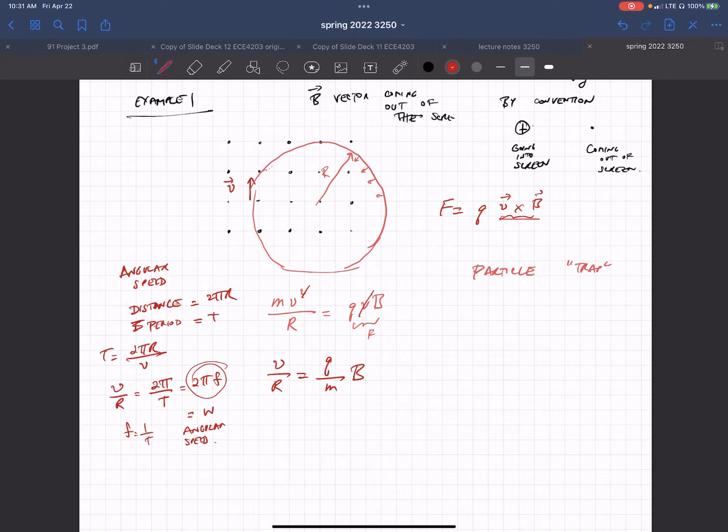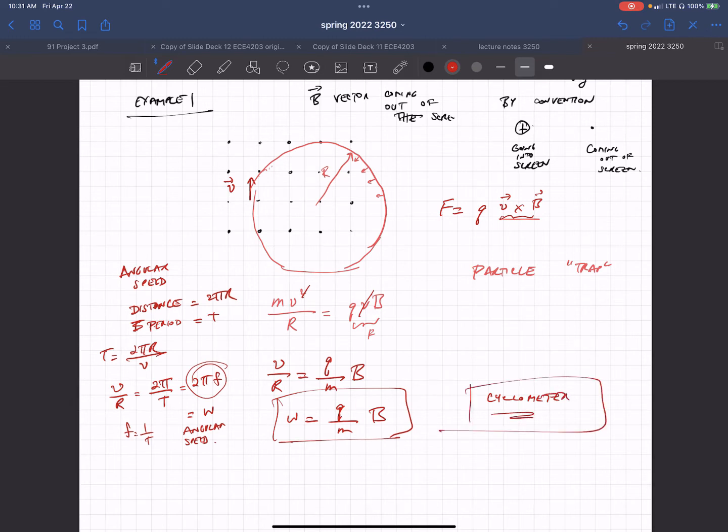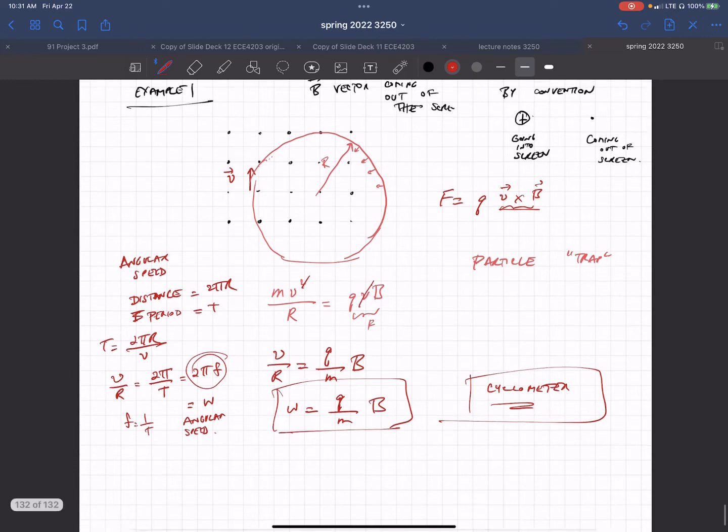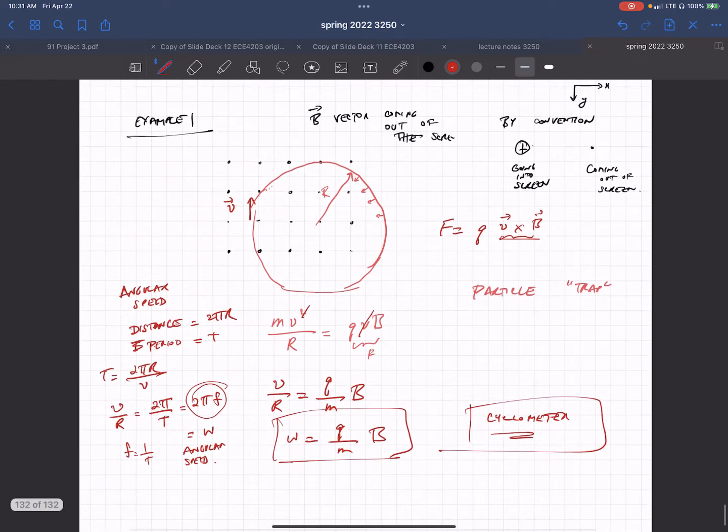So basically this angular velocity is equal to this ratio of charge per mass. This is kind of a cyclotron that they use to study charged particles, figuring out their mass and their velocity, etc. So this is an example of magnetism.